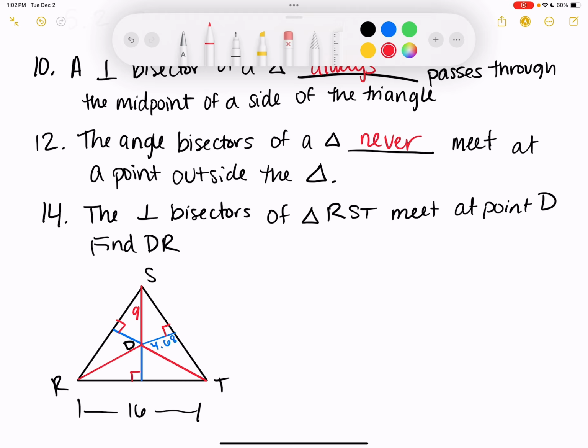Yep, so our theorem basically tells us that DS is equal to DT is equal to DR. And we know that DS is 9, so that means that DR also has to be 9. So that was theorem 5.5 that we used on that one.